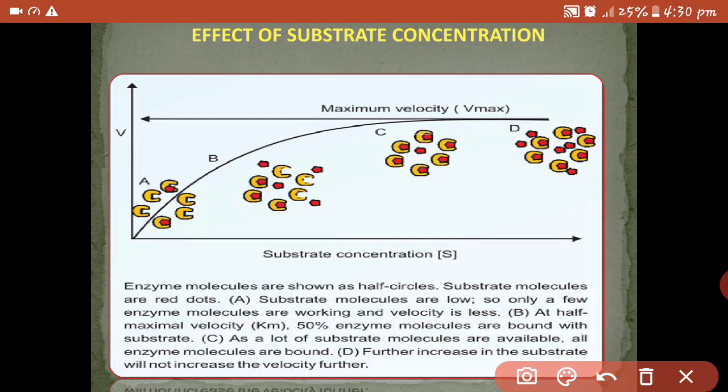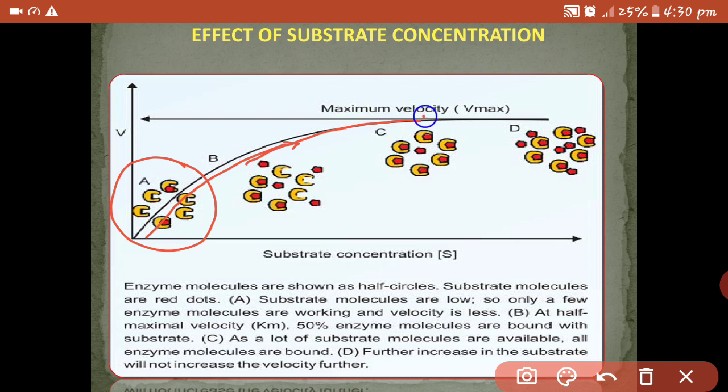Here you can observe, initially when there are fewer substrates the velocity will be less, and with further increase in the substrate, 50% of the enzymes are attached with their substrate.